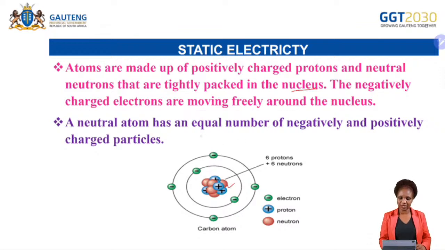This one is the structure of a carbon atom. Why am I saying it is the structure of a carbon atom? It is because of the atomic number. The atomic number is 6. Why are we saying the atomic number is 6? Let's count the electrons here. We've got 1, 2, 3, 4, 5, 6.